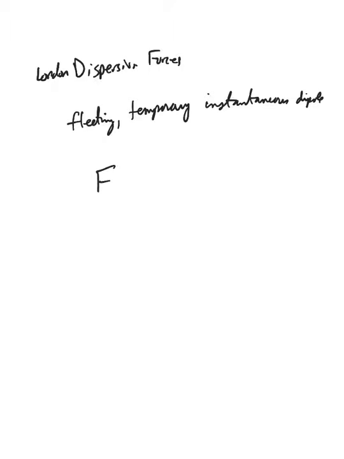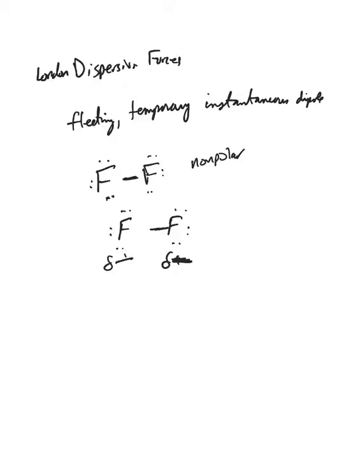And so let's just take something like fluorine, for example. It's nonpolar. Very nonpolar because there's completely even sharing of electrons averaged over time between the two fluorines because they have the same electronegativities. But at any fleeting instant, some of those electrons in that bond might be a little bit closer to one fluorine than to the other, in which case it makes a partial negative charge versus a partial positive charge.